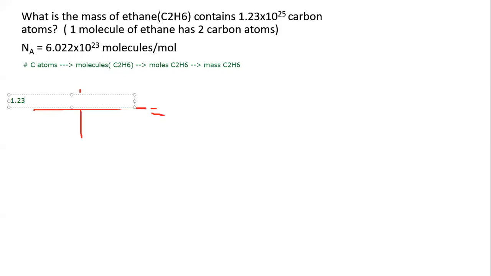So here we do our first train track. 1.23 times 10 to the 25th. So we have that many carbon atoms, and we know that for one molecule, there are 2 carbon atoms. So you see the carbon atoms cancel out.